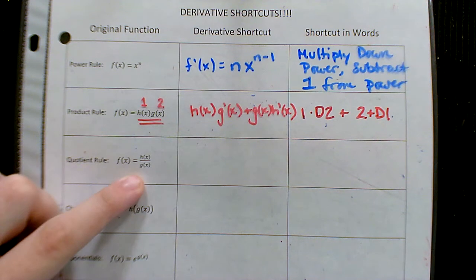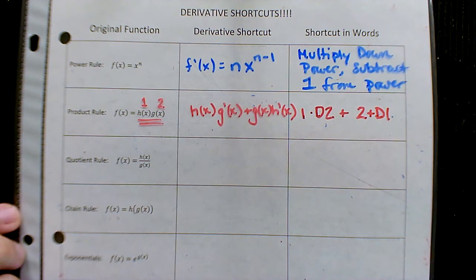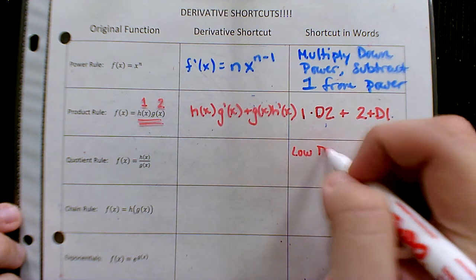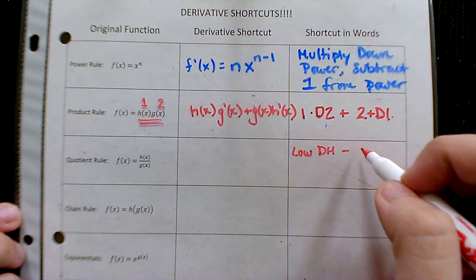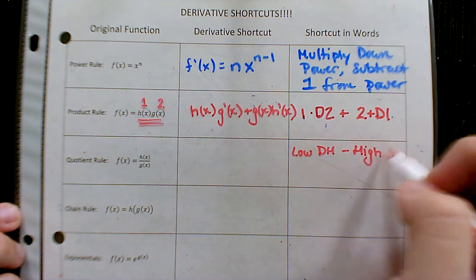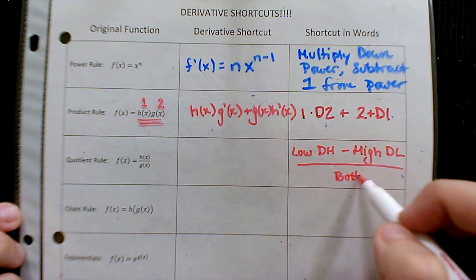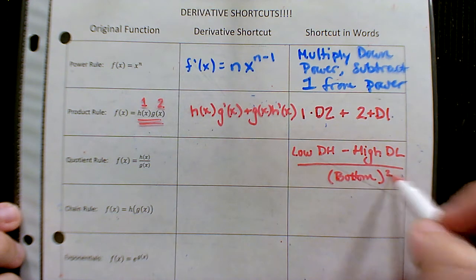All right, what about quotient rule? Either what the derivative looks like using function notation, math language, or maybe some type of phrase or wording we use to help us remember it. Liam, can I come to you for this one? There we go. Low d high minus high d low, square the bottom, and away we go.